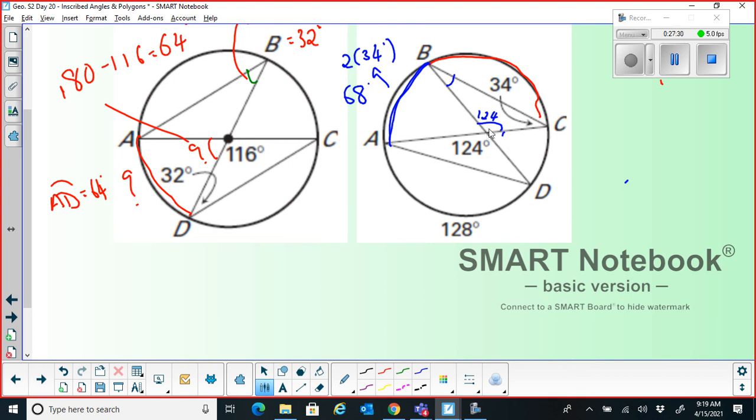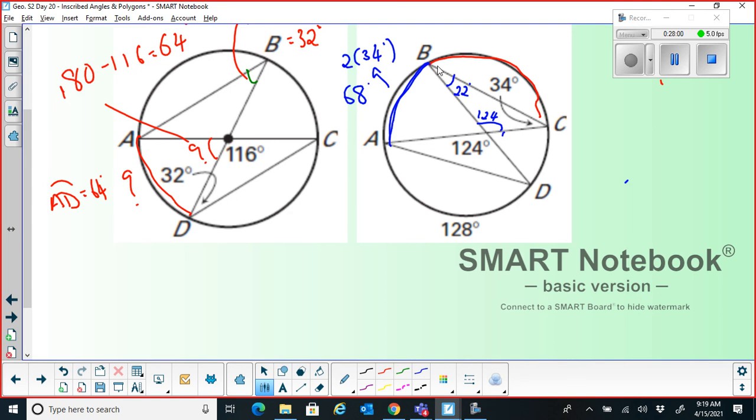So once I have this as 124 and this as 34, the sum of angles in a triangle is 180. So 180 minus 34 minus 124 gives us the measure of angle B as 22 degrees. This is got by subtracting 124 and 34 from 180 because the sum of angles in a triangle is 180.